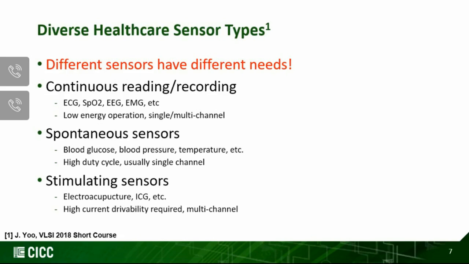These sensors can utilize high duty cycling, and usually a single channel is more than enough. The third type is stimulating sensors, such as electroacupuncture, impedance cardiography or ICG, and so forth. These sensors require high current drivability and often require multi-channel operation as well.